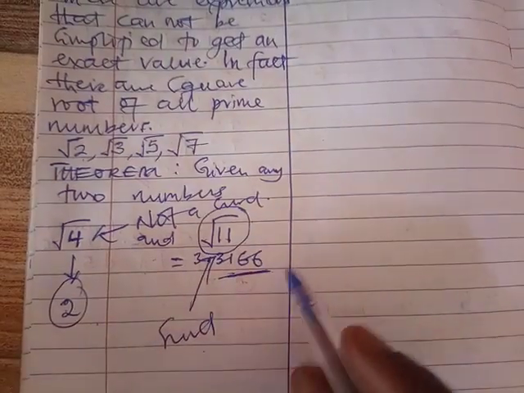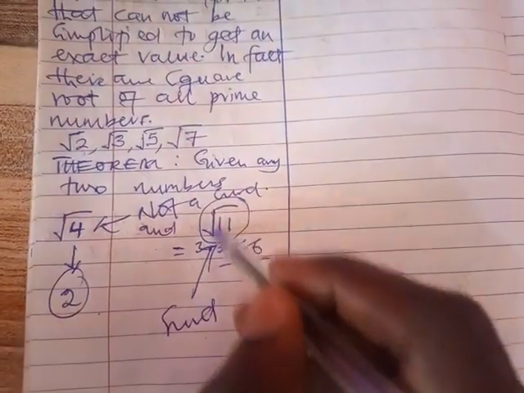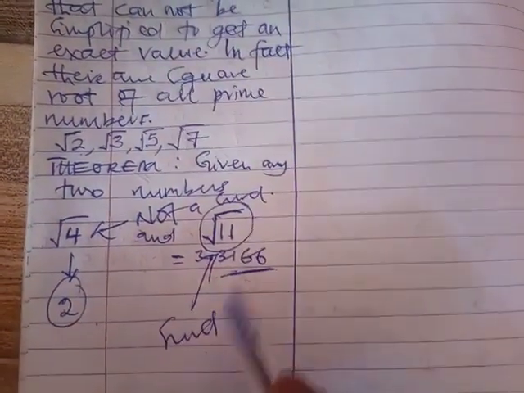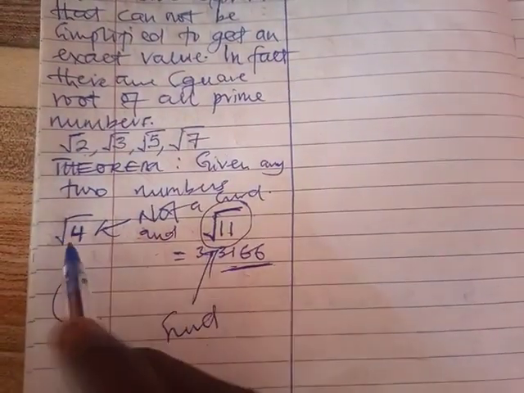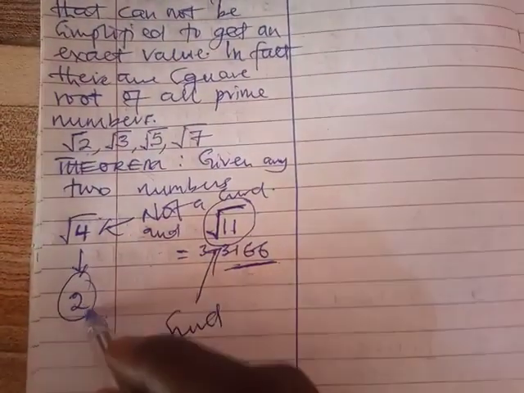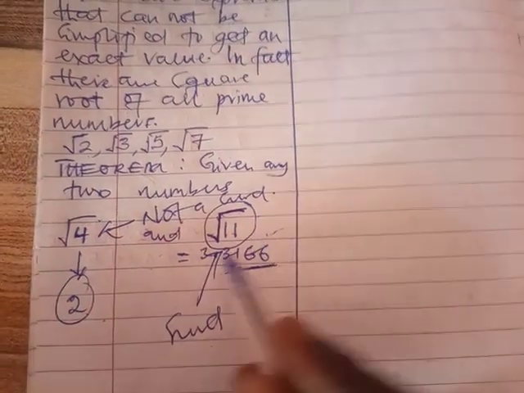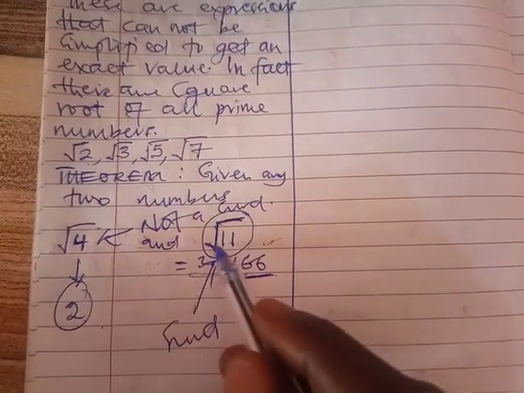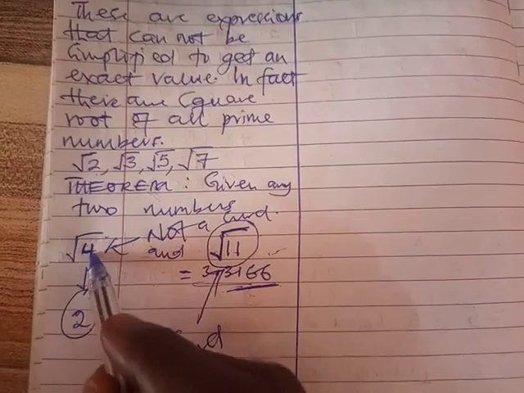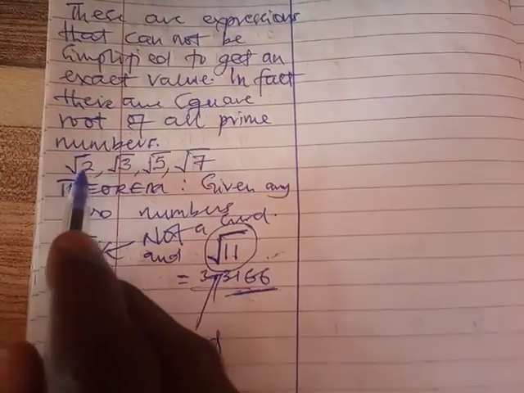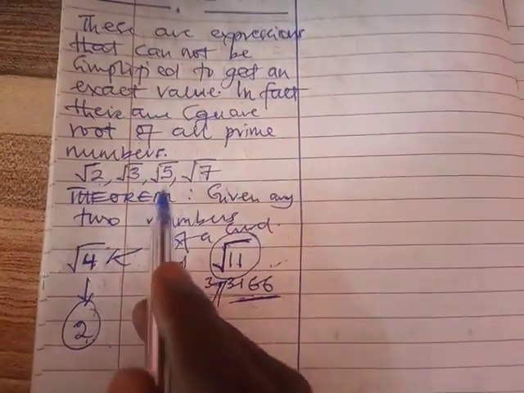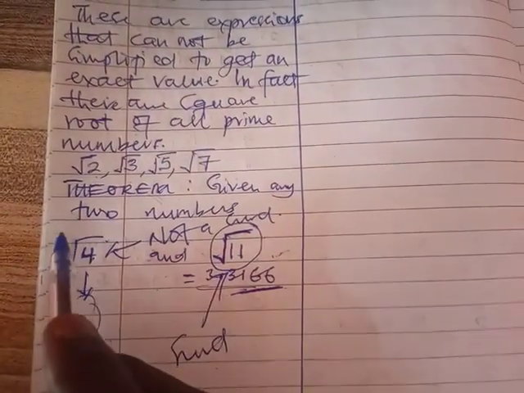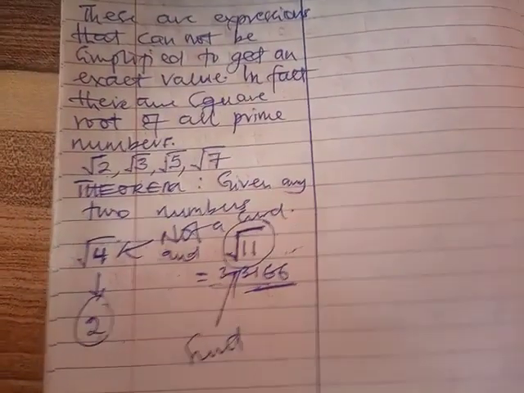We have a whole lot of figures there, making root of 11 a surd and root of 4 not a surd, because root 4 is giving us 2 and root of 11 is giving us this figure. So the root of 11 is a surd, but root of 4 is not a surd. The same thing applies to these values: root 2, root 3, root 5, root 7. All these are surds.